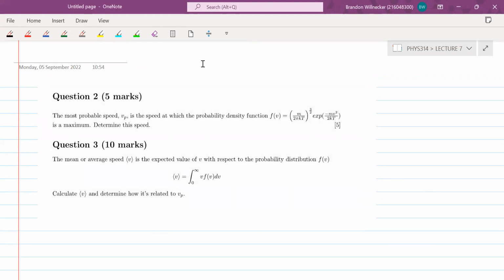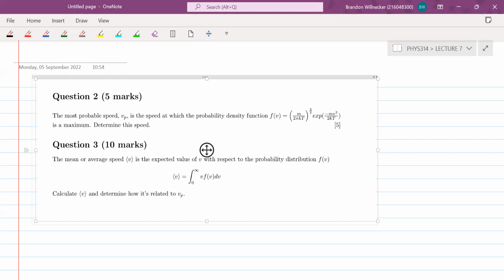The most probable speed, Vp, is the speed at which the probability density function is a maximum. So that's what we covered in that one lecture. So what we want to do is find the velocity such that f is a maximum. So this needs to be a maximum.